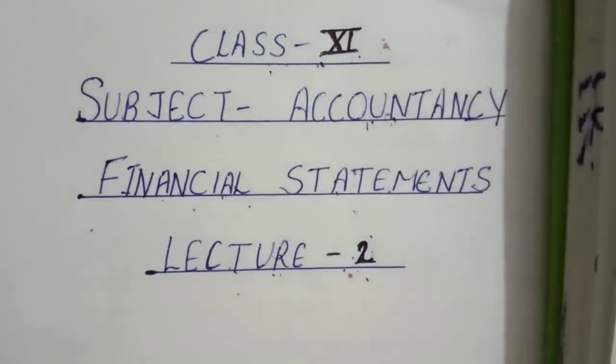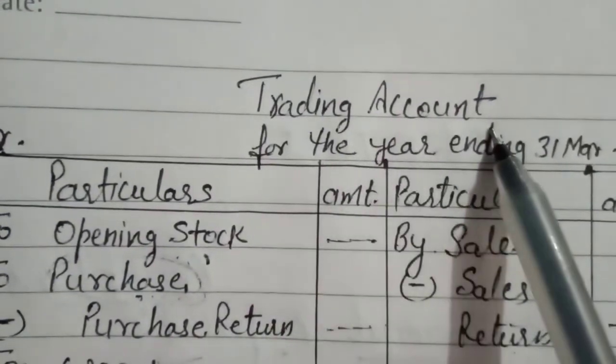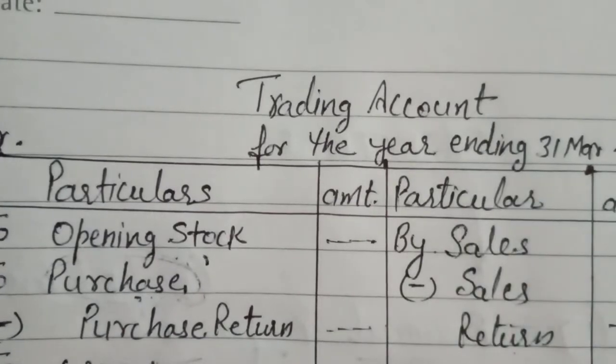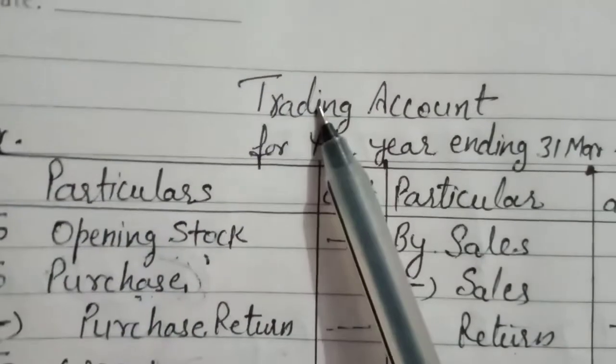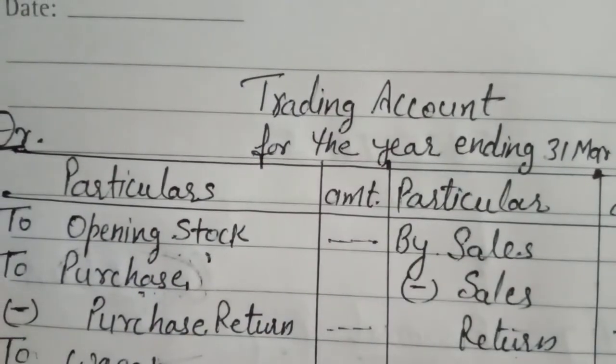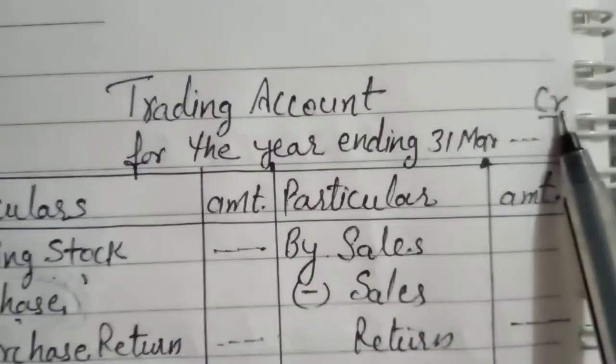First of all, we will recall lecture number 1. In lecture number 1, we have discussed trading account and its format. I told you trading account is of T shape. One side is debit side and another side is credit side.